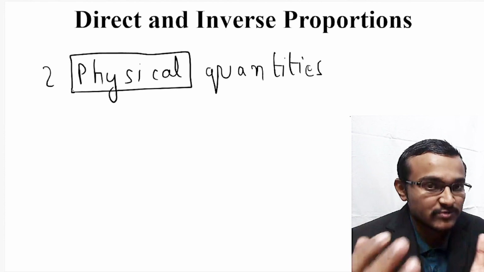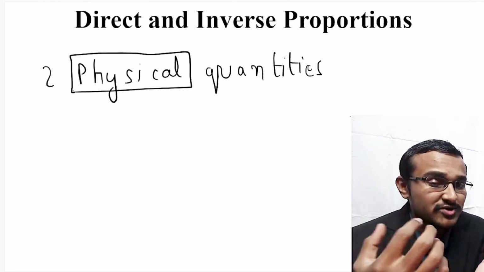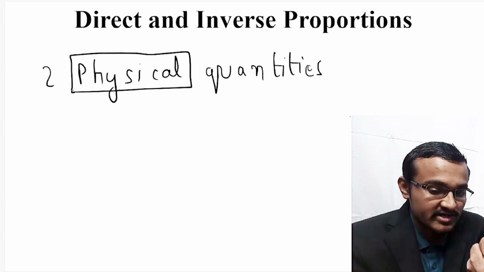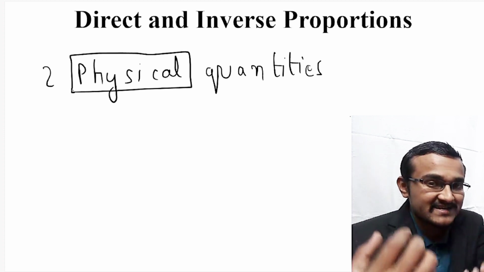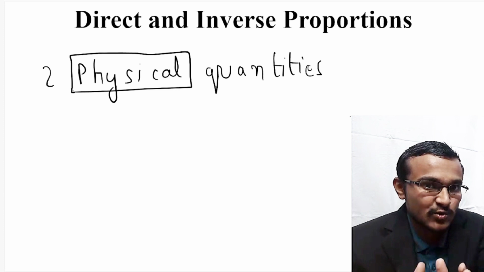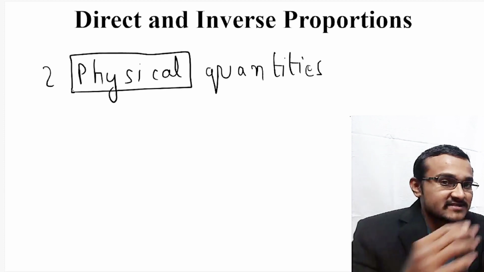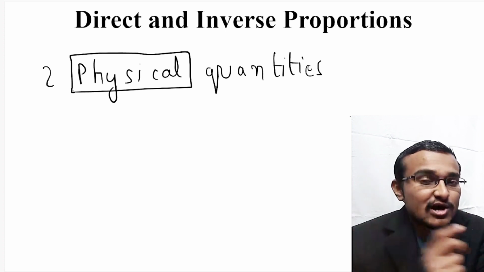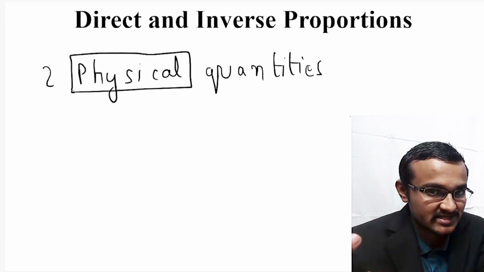That is what directly proportional means. When it comes to inverse, when one physical quantity increases, the other physical quantity will decrease. So the increase or decrease in one physical quantity is decided by the other physical quantity based on whether they are directly related to each other or inversely related to each other.